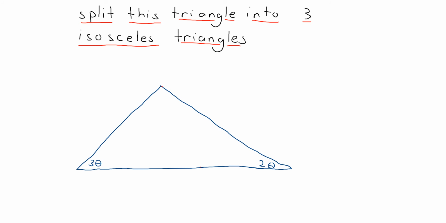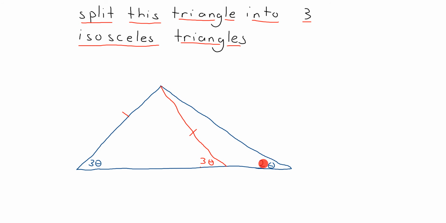So I'm going to start off by drawing a cevian down here like this, and I'm just going to go back a little bit. I want to get it fairly accurate, so there we go. Now I'm going to say, alright, I know that this is 3 theta, so this and this are equal.